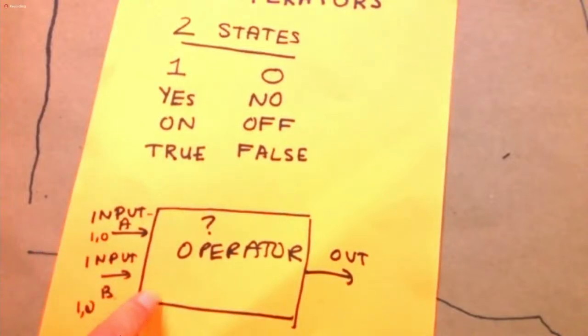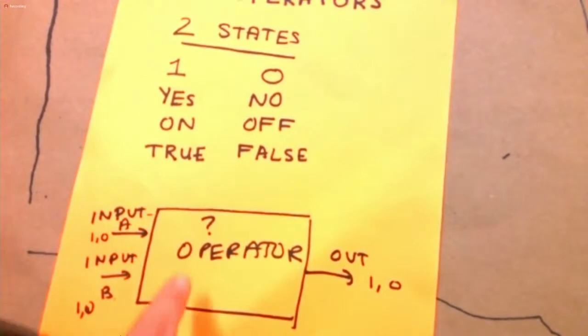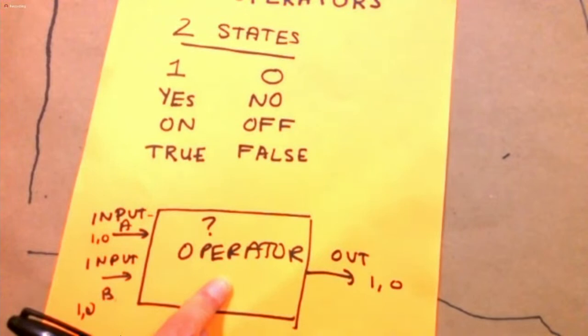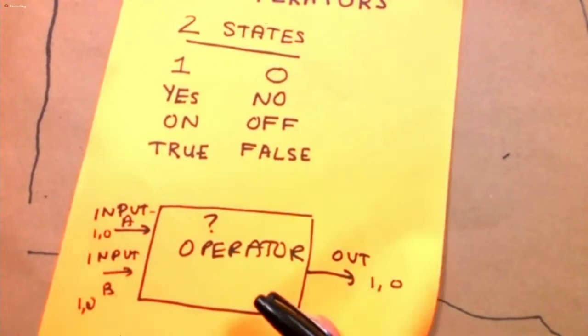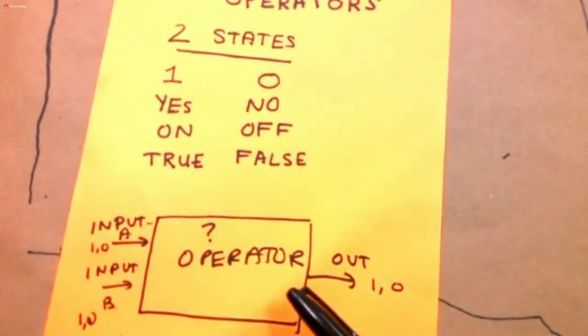It's going to make the same decision, and that also is going to be on or off, yes or no, true or false, 1 or 0. So we're going to look at 3 specific ones, the simplest ones actually, and they are called not, and, or.